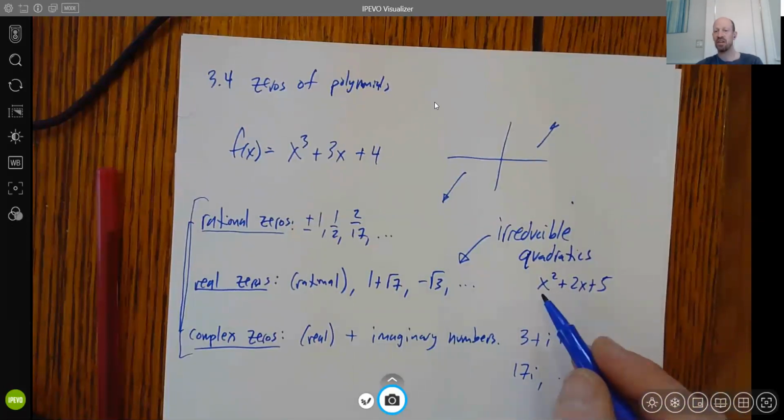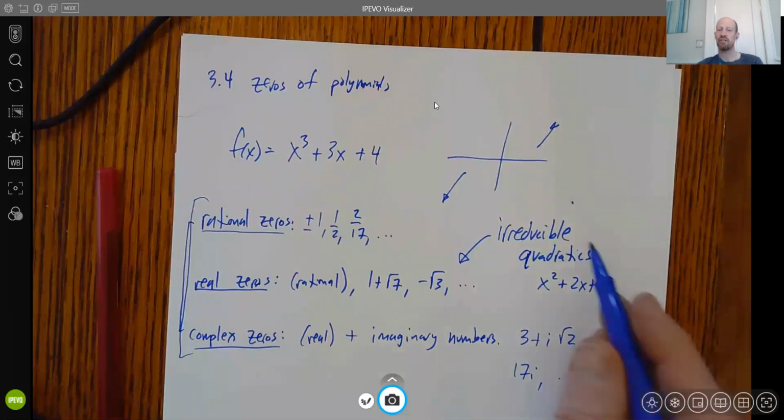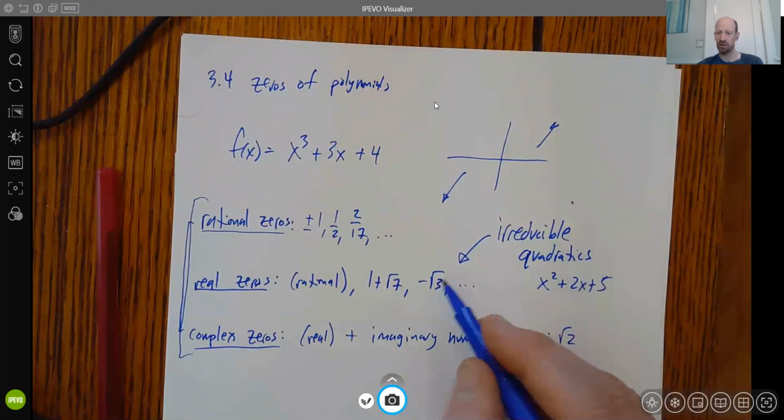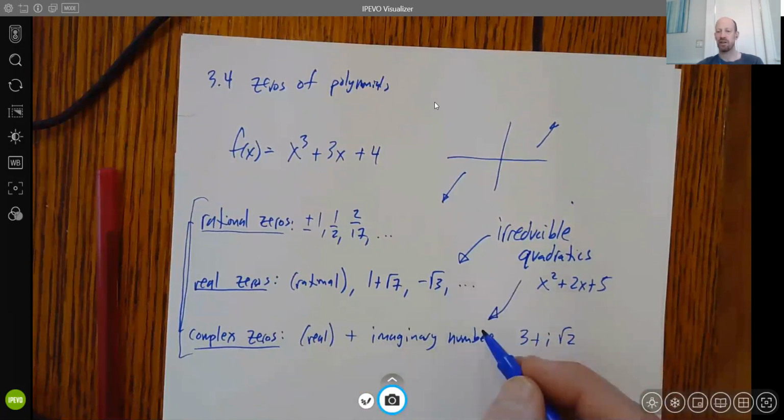That's an example of an irreducible quadratic. And it's irreducible because I can't factor that. Right? And if I can't factor it, then the only way to find zeros is to use the quadratic formula. And the quadratic formula is going to generate these real zeros. It could also generate imaginary zeros, right?